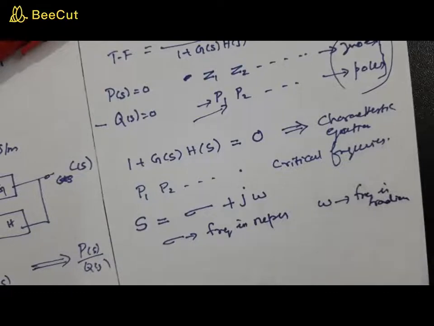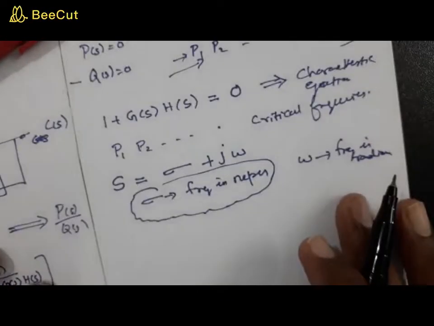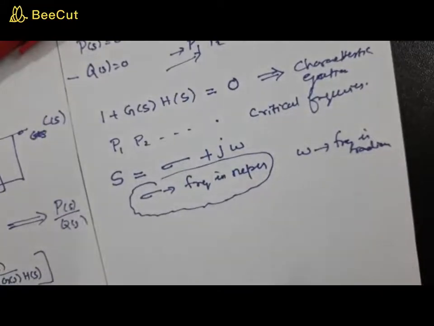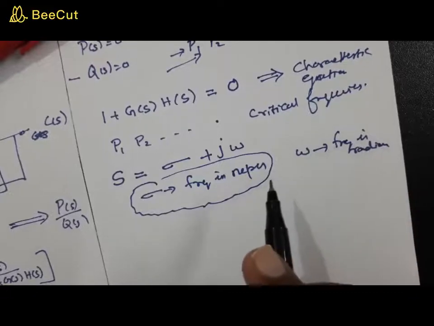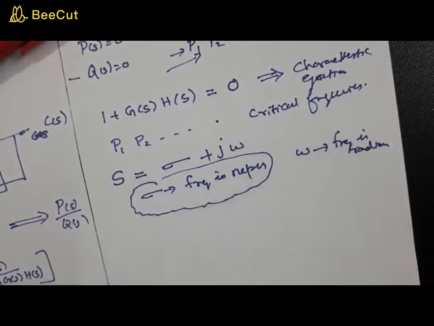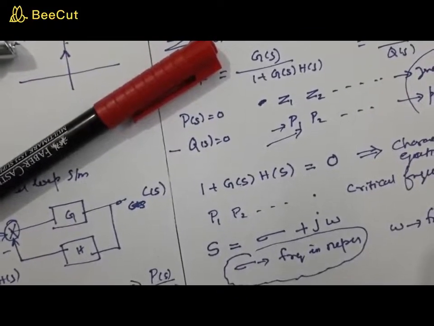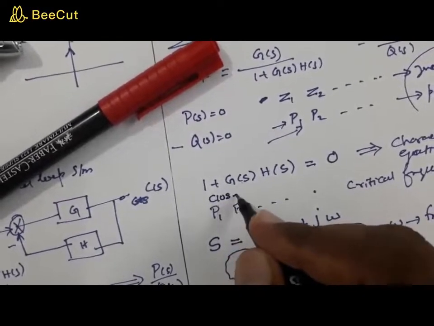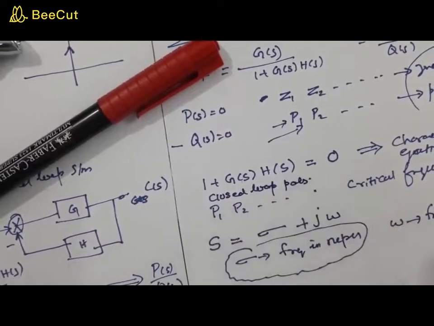From the stability point of view, we will be very interested in the sigma value, and you will understand that later. And these poles are called the closed loop poles.